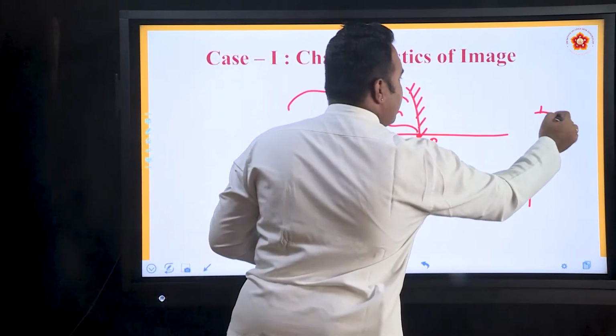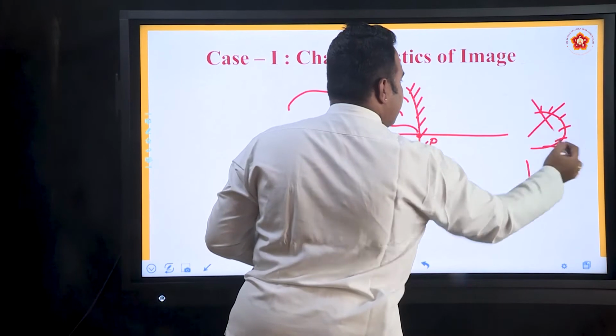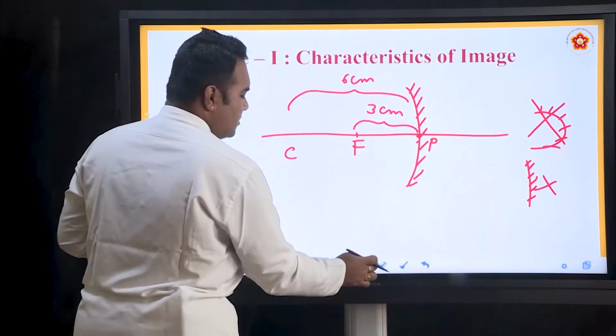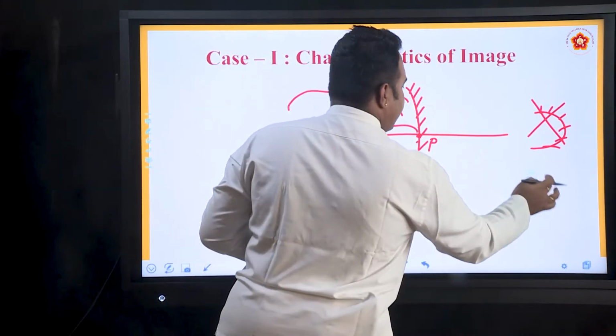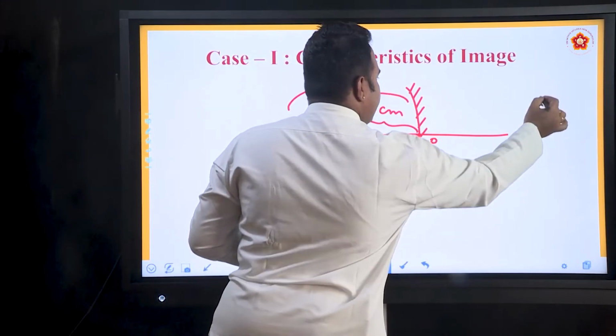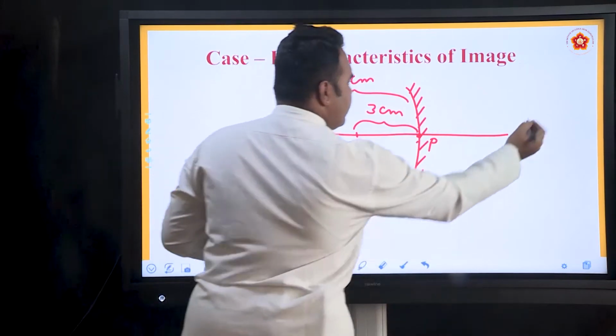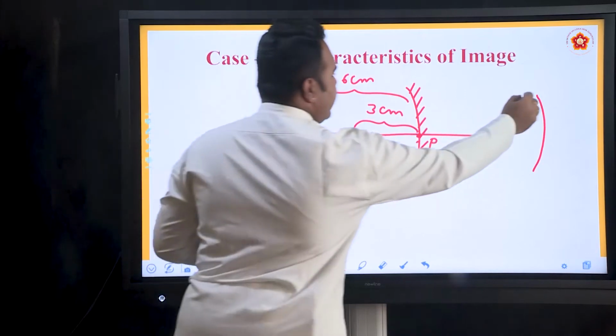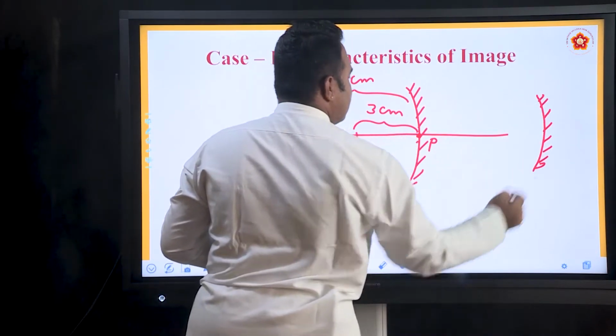Both these ways of drawing a concave mirror are false. Similarly, if you draw the concave mirror like this, this is also false. So you should not be drawing the concave mirror this way. With less curvature, you can draw like this and then shade it outside so that we know this is a concave mirror.